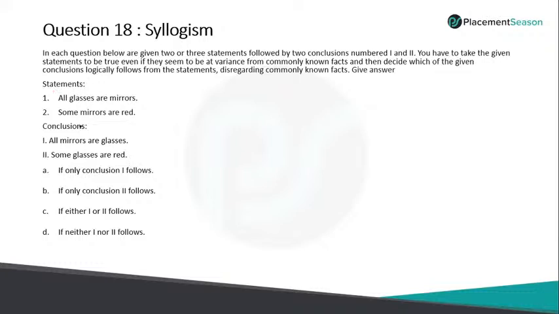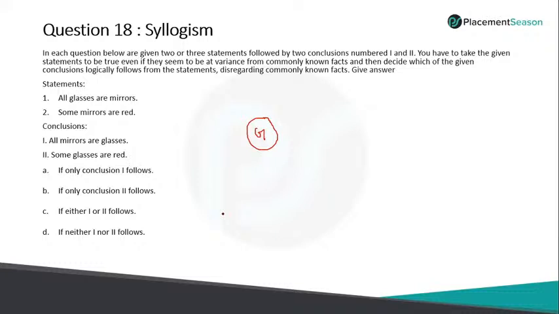First, all glasses are mirrors. With the first statement, all glasses are mirrors. If I take this as glasses, all glasses are mirrors. I can say mirror equal to glasses. So all glasses are mirrors, but all mirrors can be glasses. That will be the conclusion. But I don't want to arrive at that state now.